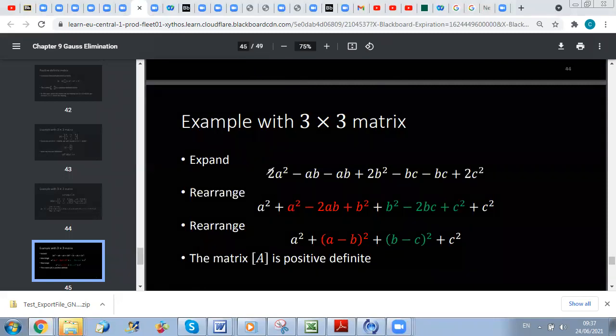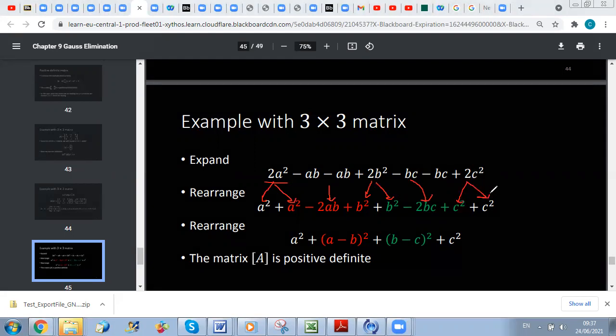So what you can do here is decompose our terms. So 2A squared can be written as A squared plus A squared. You have minus 2AB. For 2B squared, we will decompose it into B squared plus B squared. And here you have minus 2BC. And 2C squared will be decomposed into C squared plus C squared.